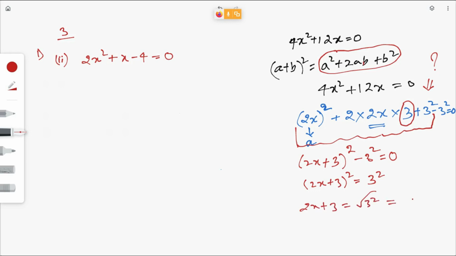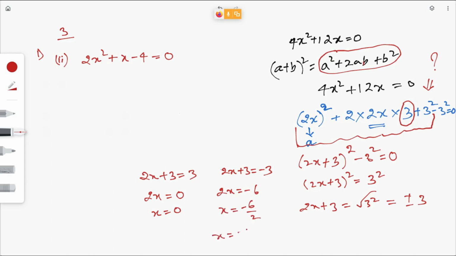What is root of 3 square? Plus or minus 3. What will you get? 2x plus 3 is equal to 3, and then 2x plus 3 is equal to minus 3. So 2x is equal to 0, x is equal to 0. 2x is equal to minus 3 minus 6, and then x is equal to minus 6 by 2, x is equal to minus 3.